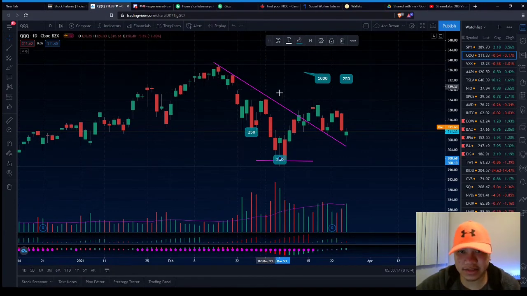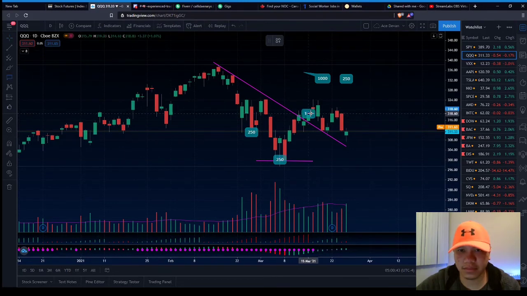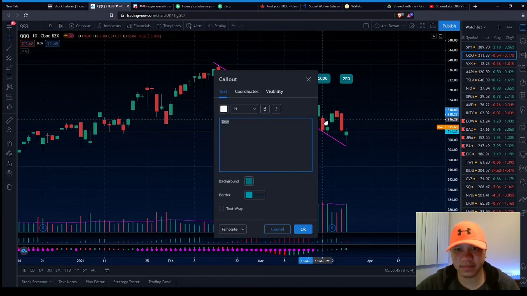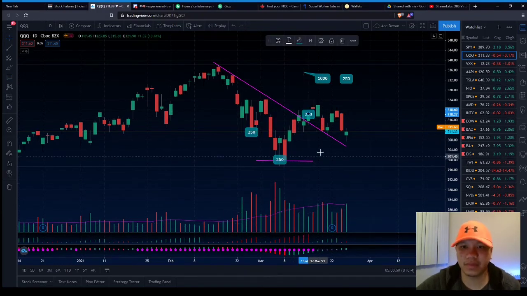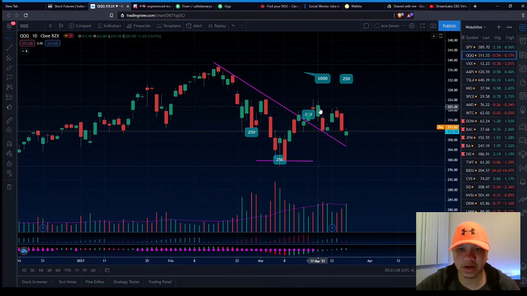And nag-plot tayo ng resistance, it go up and it touched the resistance, and eventually lumagpas siya sa resistance. So it consolidates in this area.